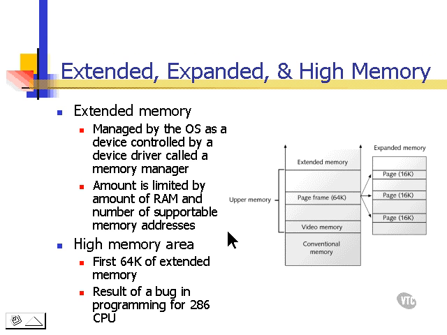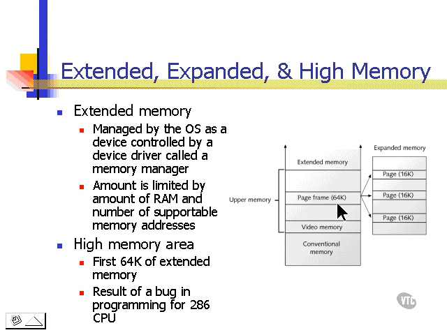Expanded memory happens when we move data out of extended memory and into upper memory just in time for an application to use that memory.